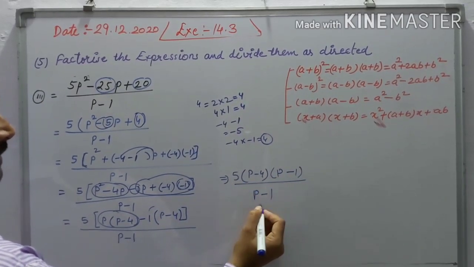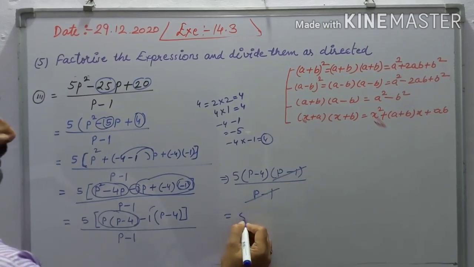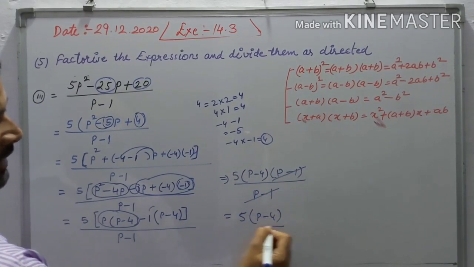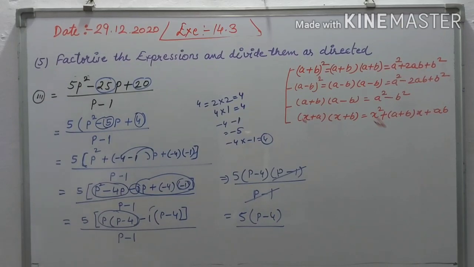Upon p − 1, p − 1 cancels, so 5(p − 4) is the answer.